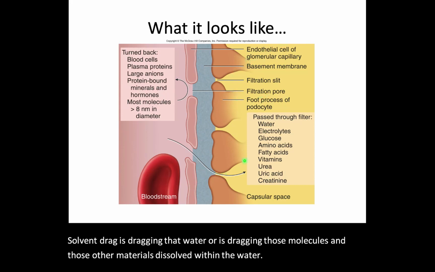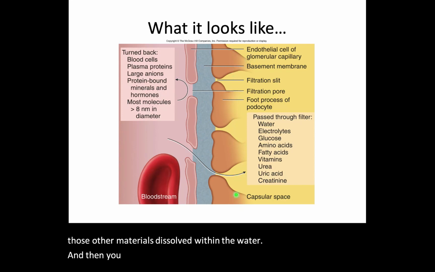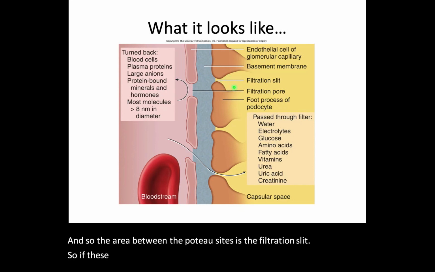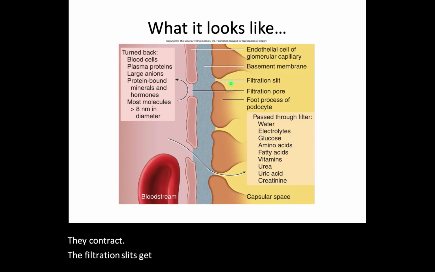And then you have your podocytes. These here are your filtration slits. And so the area between the podocytes is the filtration slit. So if these podocytes contract, the filtration slits get bigger. It allows for more filtration.